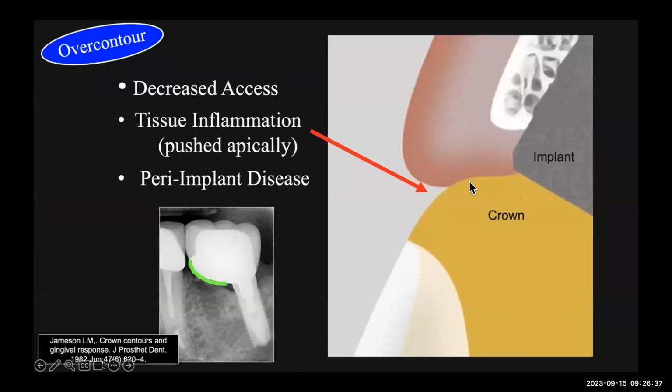The over-contoured part of the crown pushes the tissue apically, and then you get instant tissue inflammation. That is perimucositis. Perimucositis then goes right into peri-implantitis because the patient can't get in and clean.